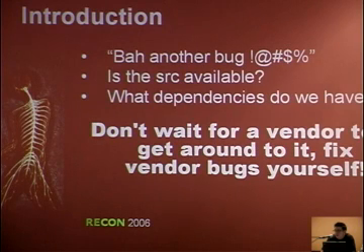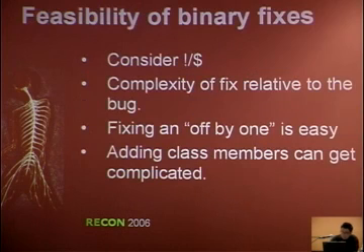Depending on the type of bug, you don't have to do any of this. You don't have to depend on the vendor's schedule to fix something. You can just do it by yourself. A lot of the skills that people have as reversers, they already have, and it's just applying them to a different type of problem.